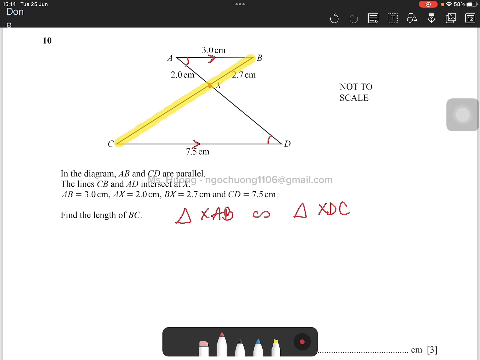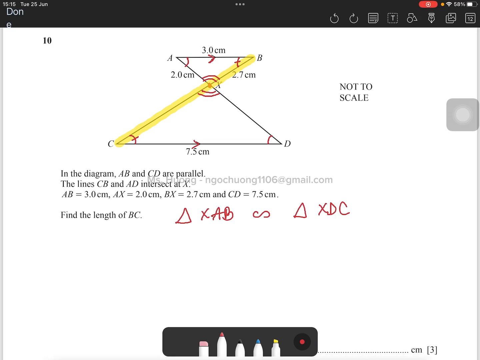And the same for the angle B and C. They are also alternate interior angles, so they are also equal. Or you can explain that the angle X here is equal to this angle X because they are vertically opposite angles. So those two triangles should be similar.